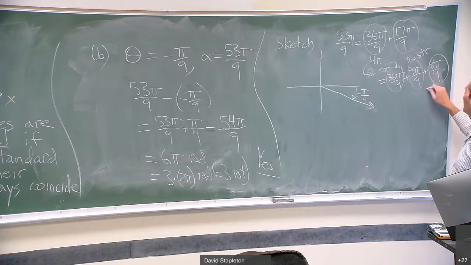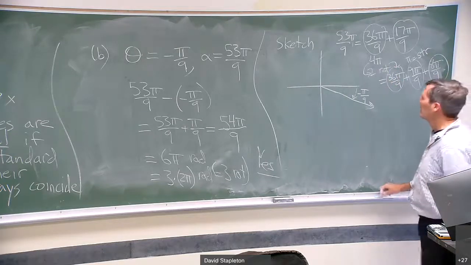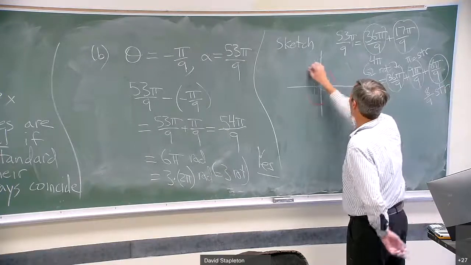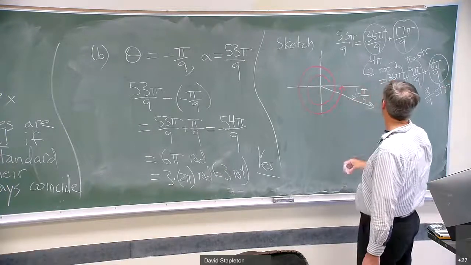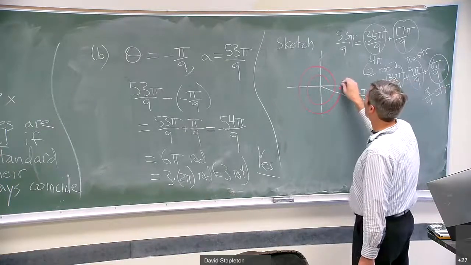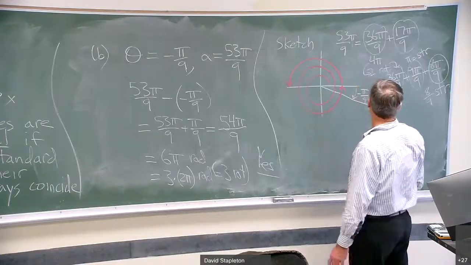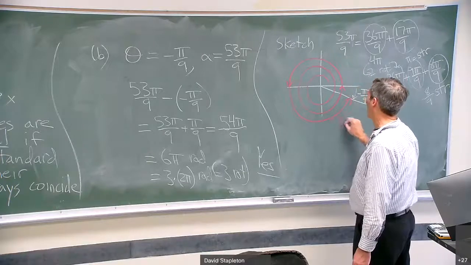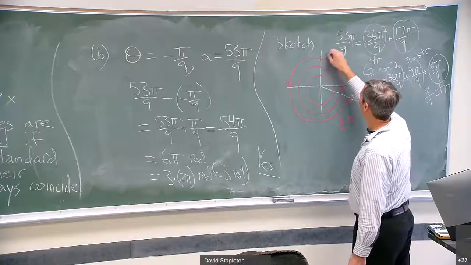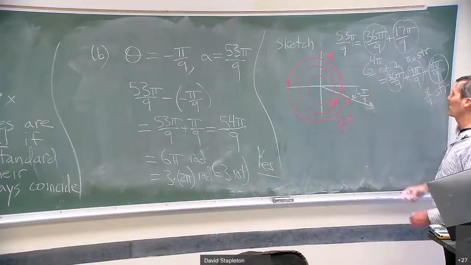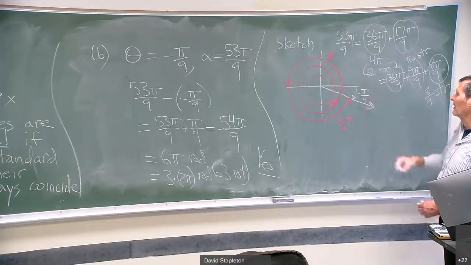And then this one would be 8/9 of a straight angle. So we can draw it that way. Sketch it as 2 rotations. All right. That's 36 pi over 9, plus a straight angle, 9 pi over 9, plus 8/9 pi. And then you see it lands right here, at least pi over 9 to finish.